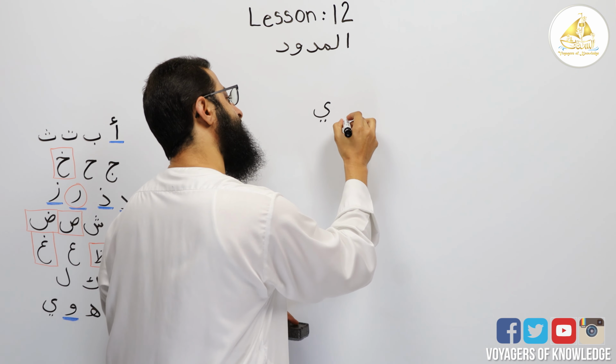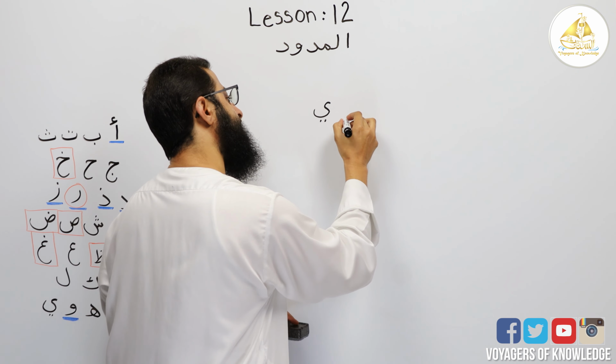First letter, bi, ti, thi, ji, hi, khi, di, dhi, ri, zi, si, shi, si, di, ti, dhi, ghi, ghi, fi, qi, ki, li, mi, ni, wi, hi, yi. Very good.